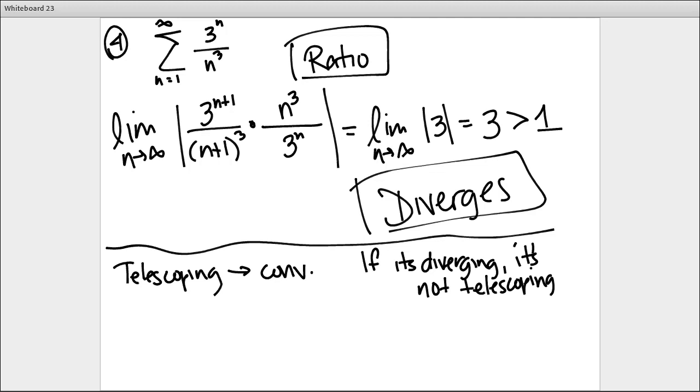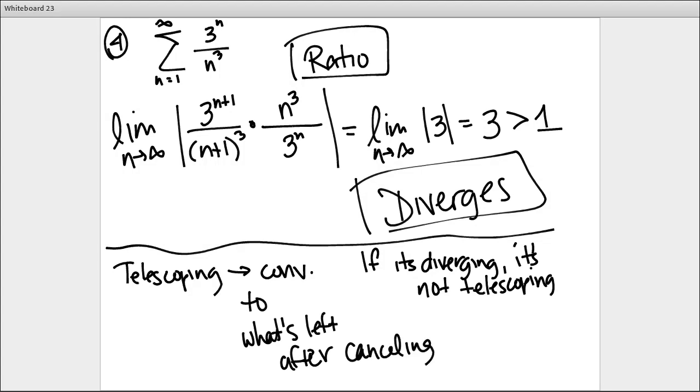If it's telescoping, it means that things are canceling, and when they cancel, it converges to whatever is left over after canceling. And same thing with the nth term test. That's a divergence test, not a convergence test.